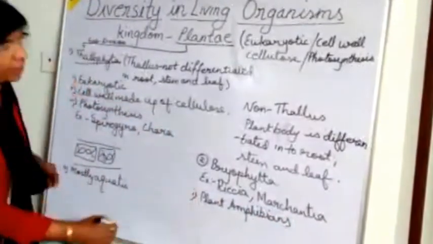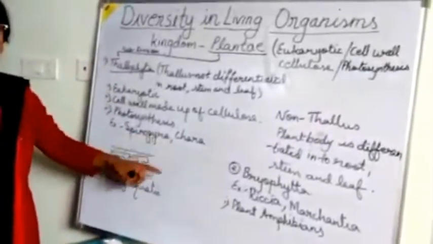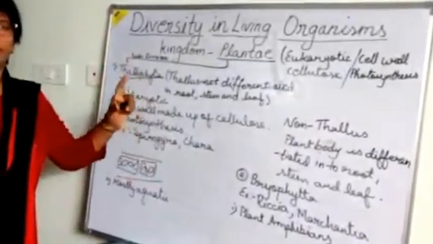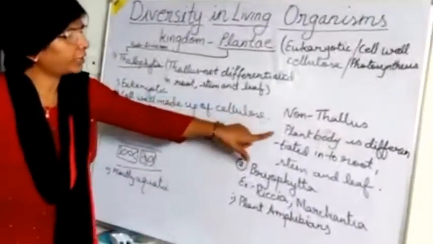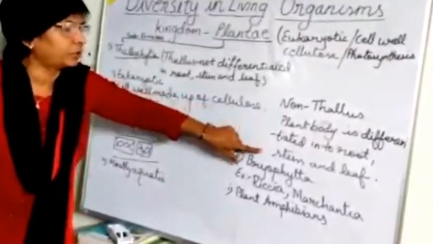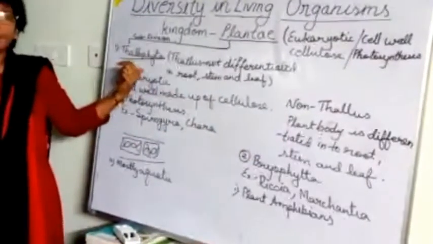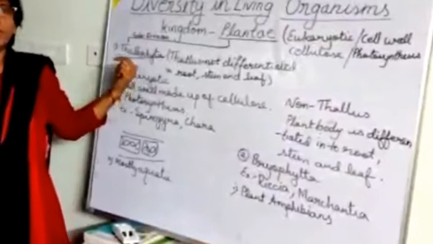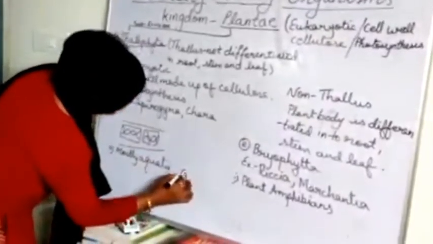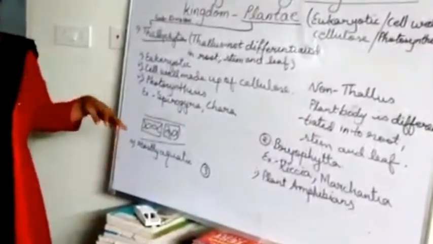They live in the water and also on the surface of the earth. That's why they are called the plant amphibians. Here the body of the plant is differentiated into root, stem and leaf, but the thallus is not differentiated. So next we go to the third one, which has vascular tissue present.